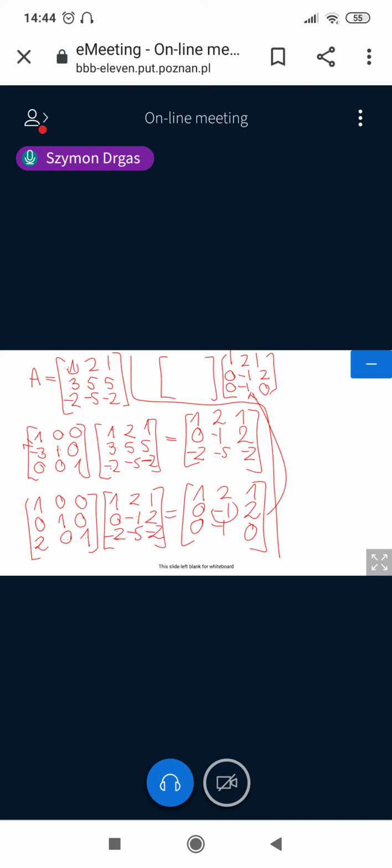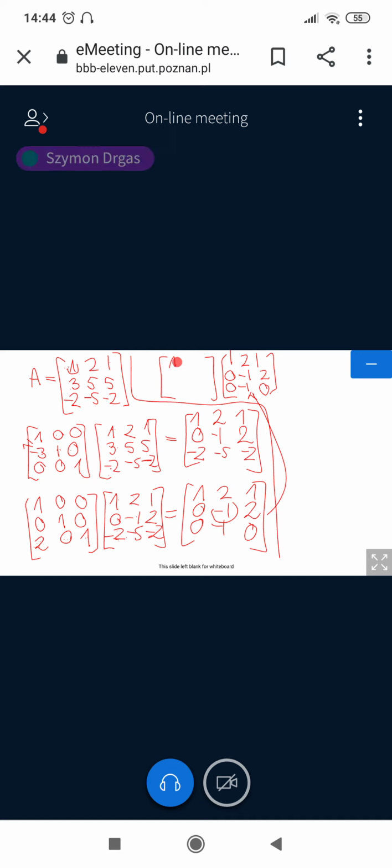So in this case, I have to multiply the second row by -1, and then I have to add it to the third row.